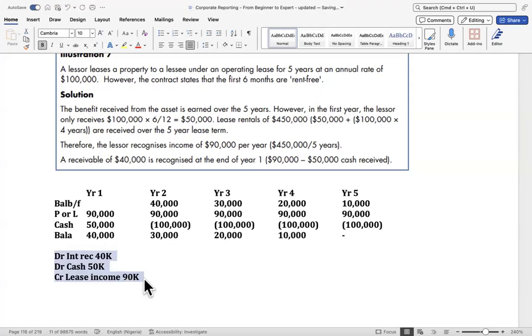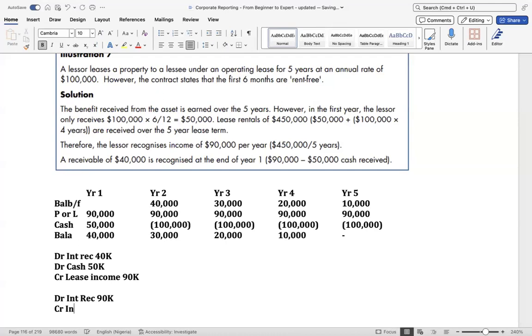Why, I can unbundle this one, right? I can pick my 90,000 first, and I will debit interest receivable with 90K, because that is my interest receivable, what I'm expecting. That's my accrued income.